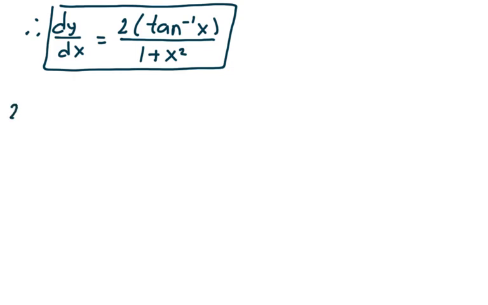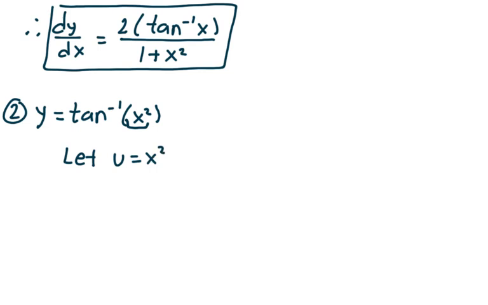Now, let's take a look at example 2. It's subtly different, okay? Suppose y equals the inverse tangent of x squared. So what's the inside function? The inside function is this x squared. So I'm going to let u equal x squared.